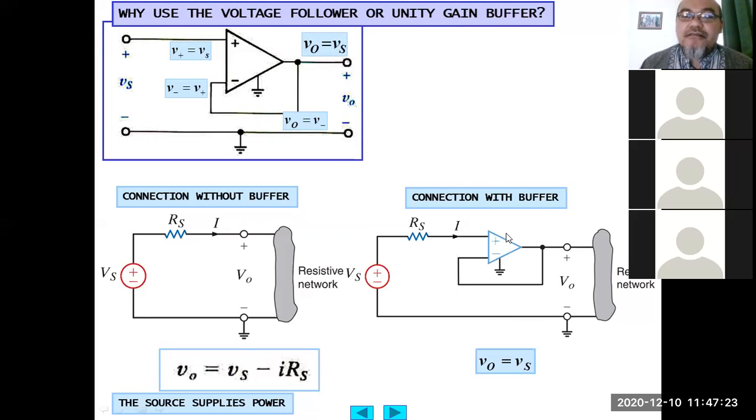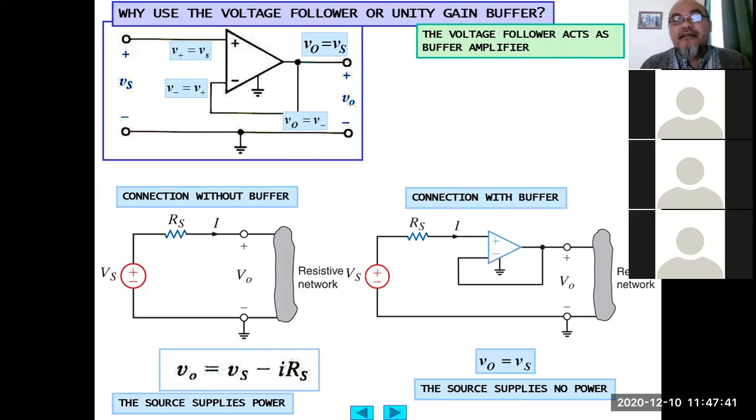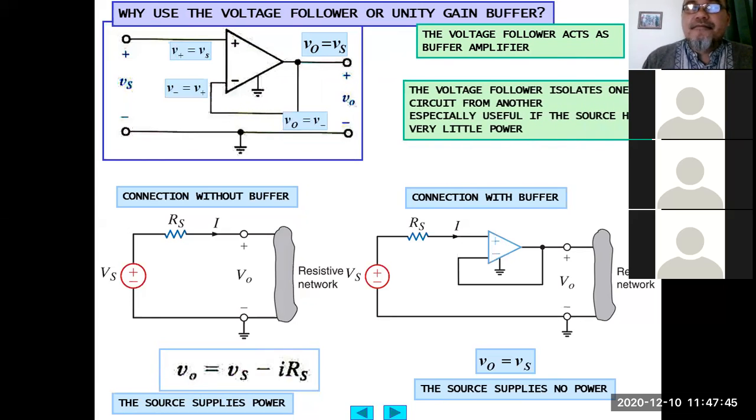You will use a lot of these buffers in biomedical instrumentation, especially when you don't want any signal loss due to the wiring. The source supplies no power. It only supplies the signal, the information. The voltage follower acts as a buffer amplifier. The voltage follower isolates one circuit from another, the left part from the right part.